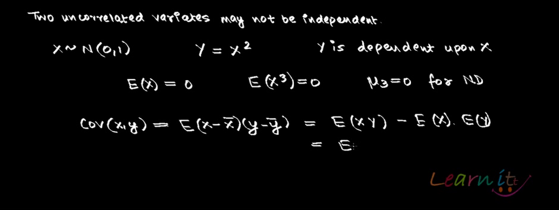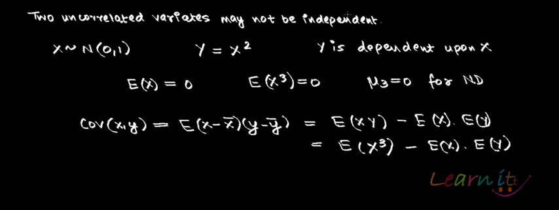In place of y, you can write x square, so x into x square is x cube. So E of x cube minus E of x into E of y.